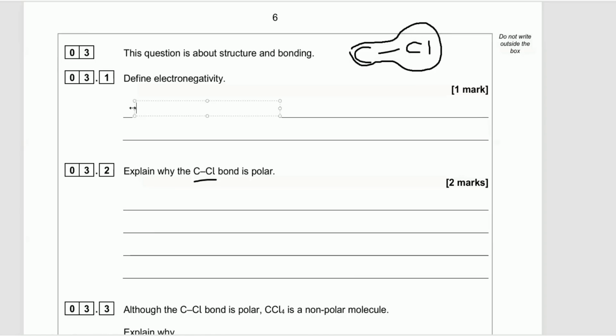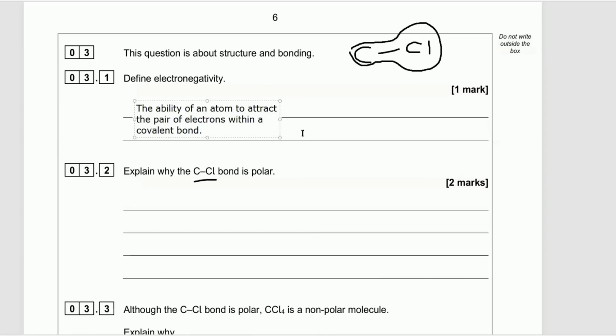How do we define that? It is the ability of an atom to attract the pair of electrons within a covalent bond.